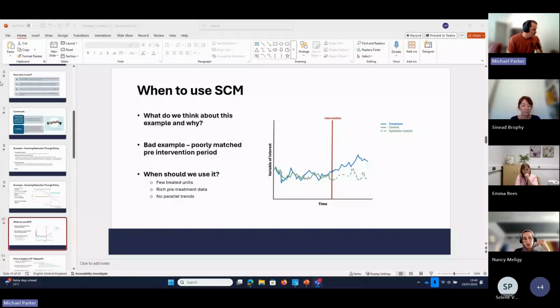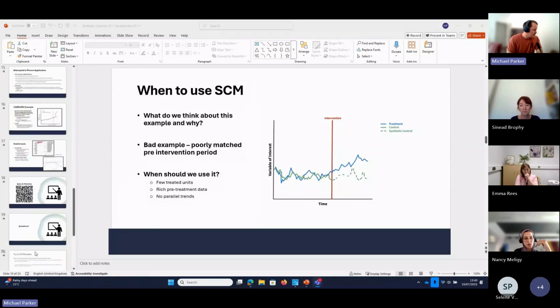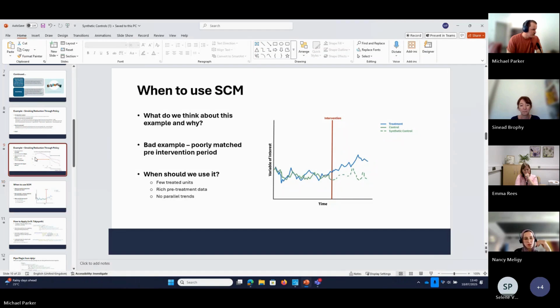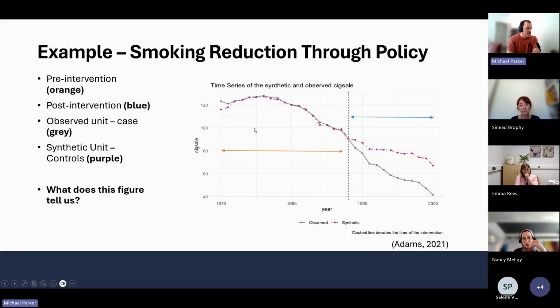So yeah, in a sense. We have our reference group in this example, California, which, when we look at the observed line, is just the real data. That is what happened in real time. So I'll share again. In this example here, the observed grey line is the true, that is what happened in California over that 30-year span.